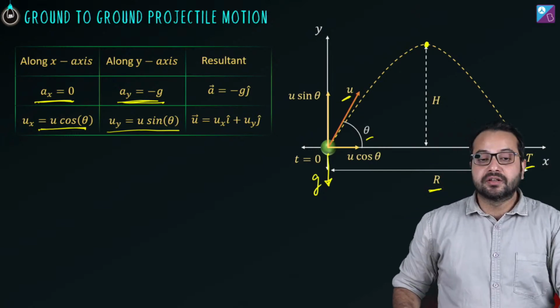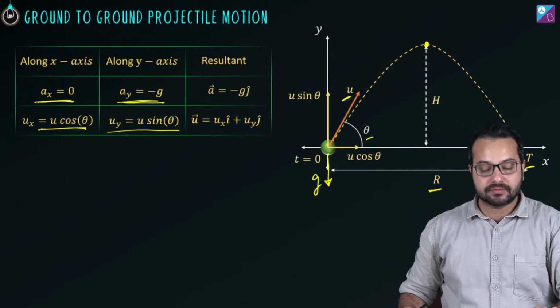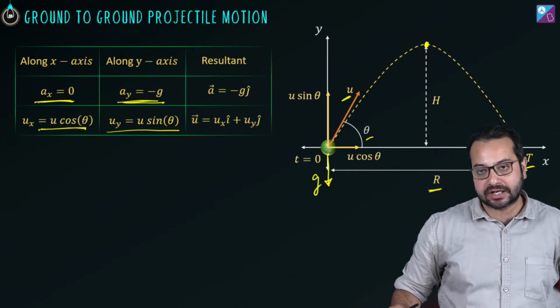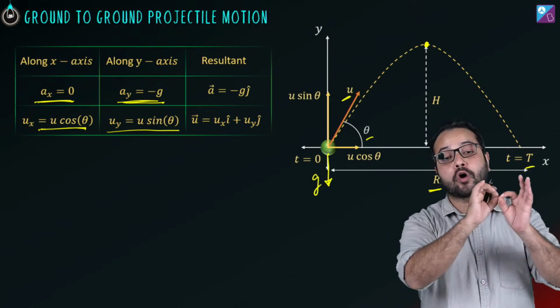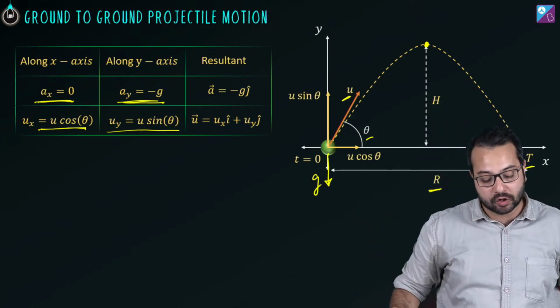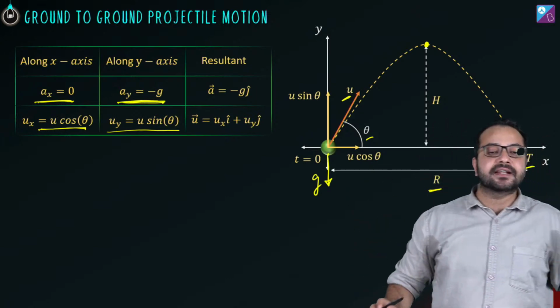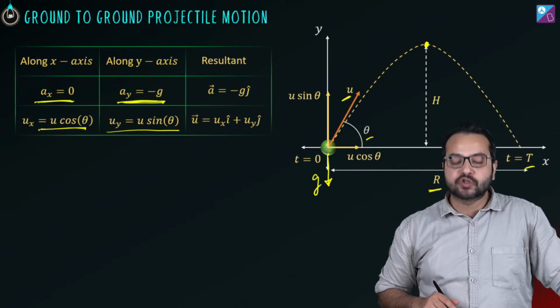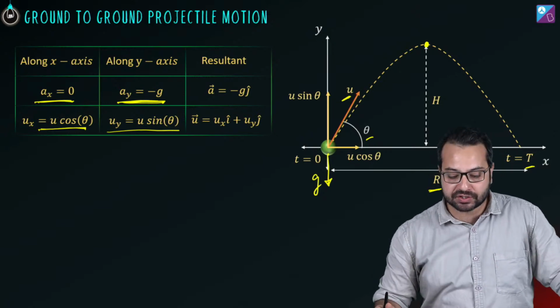Okay? There is no acceleration in the horizontal direction, so the horizontal velocity is always going to be constant. Okay. Is there acceleration in the vertical direction? Yes, there is a constant acceleration in the vertical direction. So the velocity is going to change.